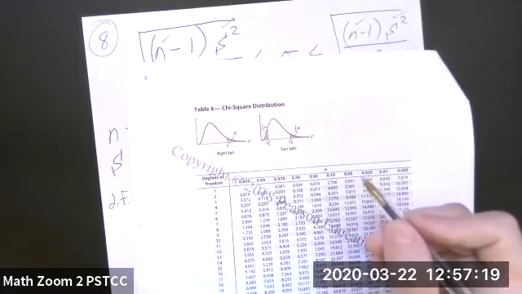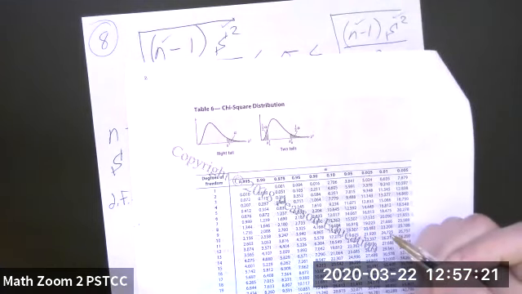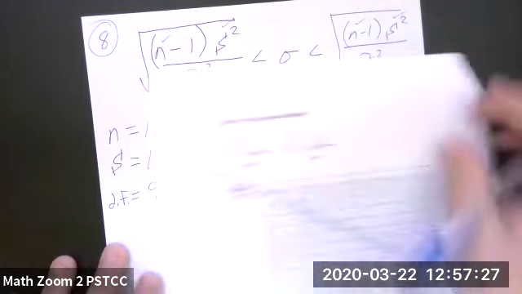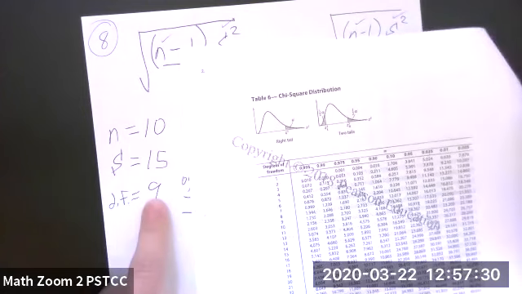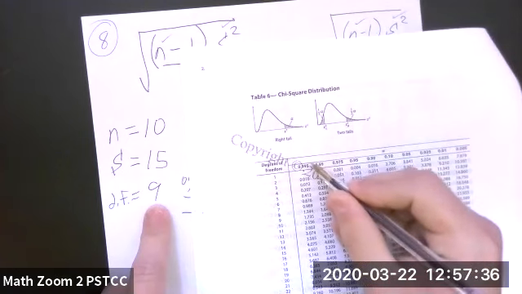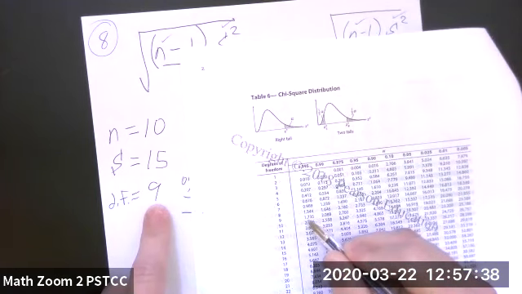So if we go to the 0.995 column over here, degrees of freedom are 9. The chi-squared left critical value is 1.735.